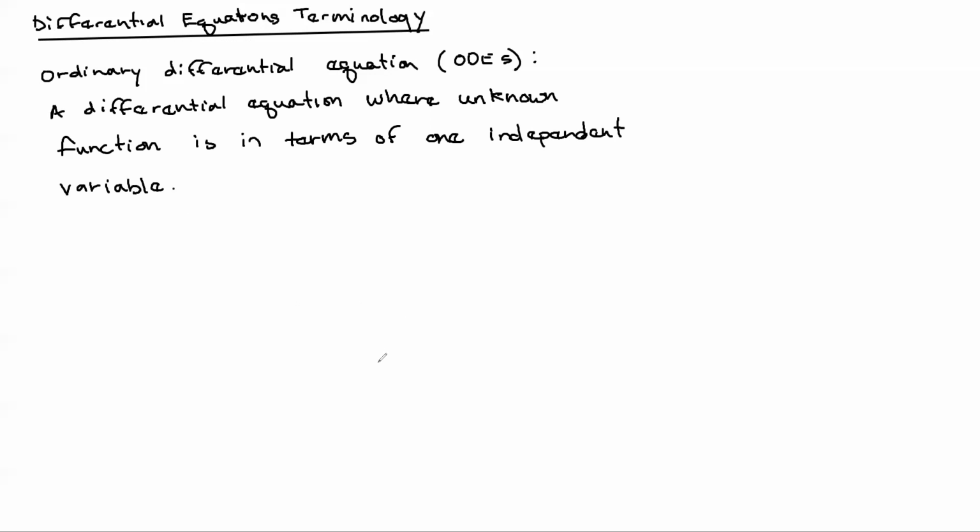So examples of ODEs would be all of the problems that we have solved up to this point in the class. They've all been in terms of one independent variable. They've been in terms of t.